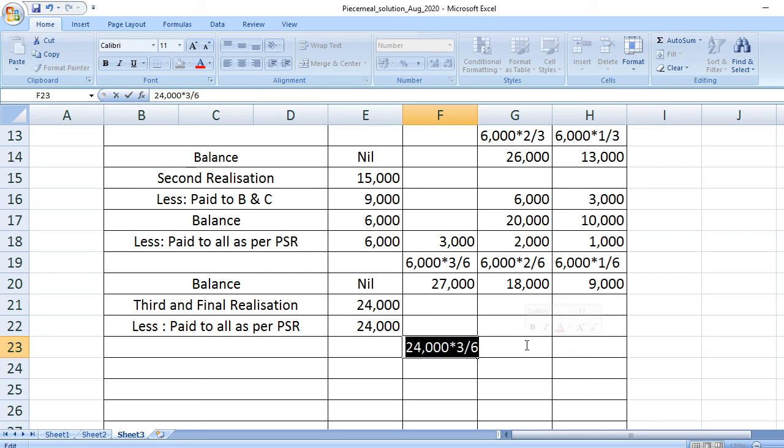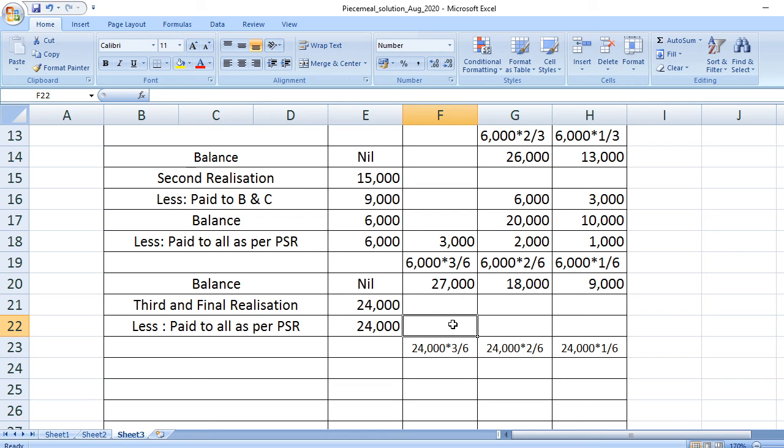Then after that, 24,000 into 2 divided by 6, and C's calculation, how will we find out? 24,000 into 1 divided by 6. On that basis we have to find out all partners' balances, all partners' shares.